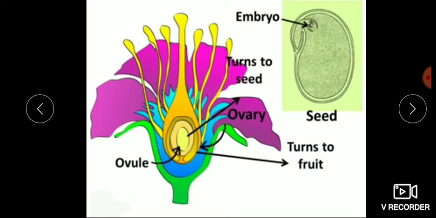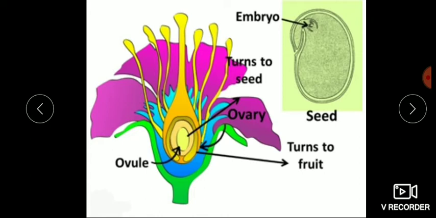The seed has a baby plant, the embryo. The baby comes into existence after the pollination of the flower. Hence we can say the flower is the reproductive part of the plant.